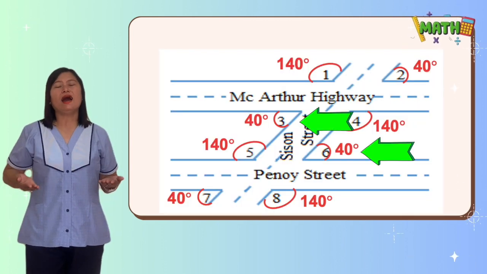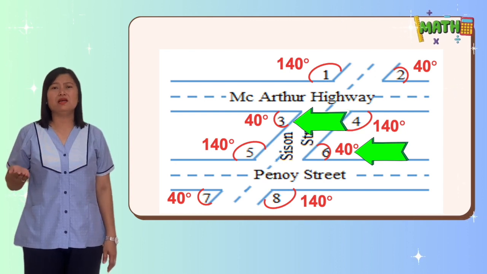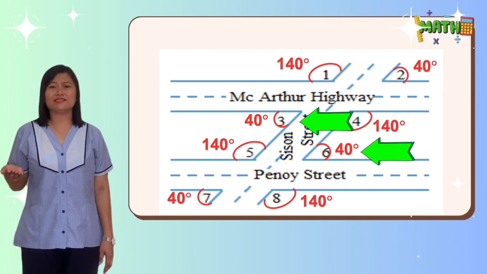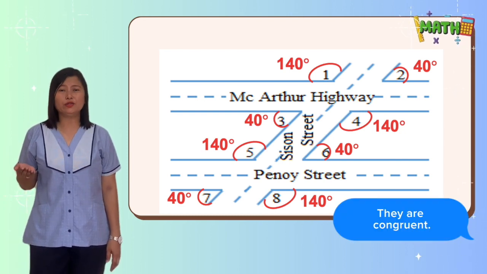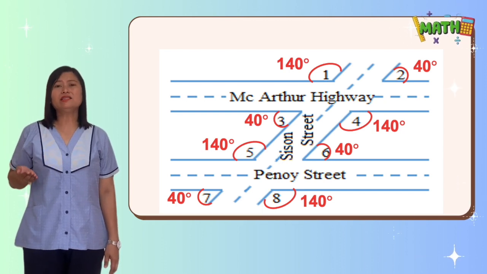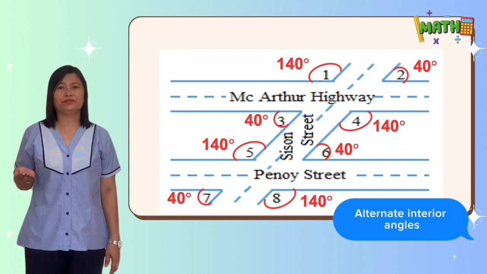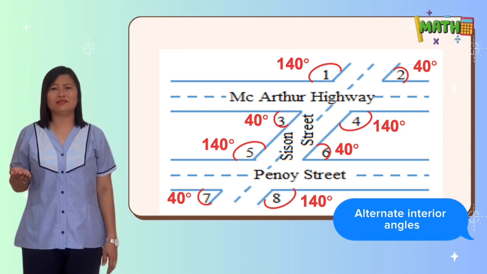What about angle 3 and angle 6? Is there a relationship between this pair of angles? Yes, the two angles are congruent. And what pair of angles are angle 3 and angle 6? They are alternate interior angles.